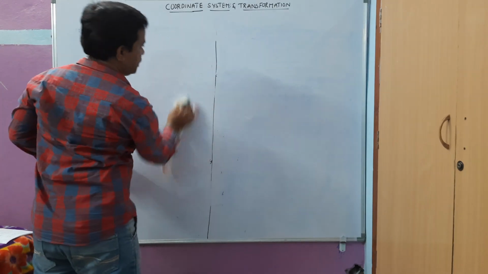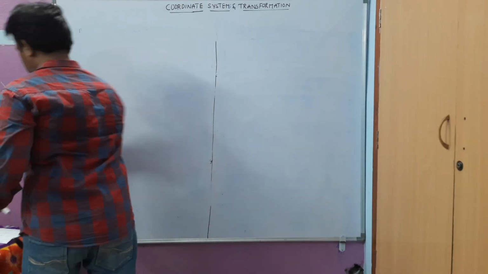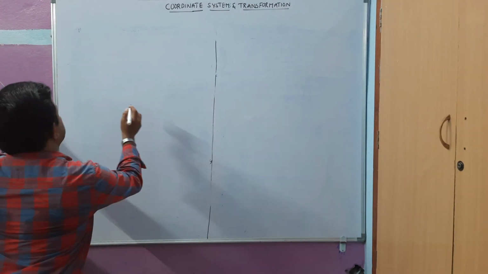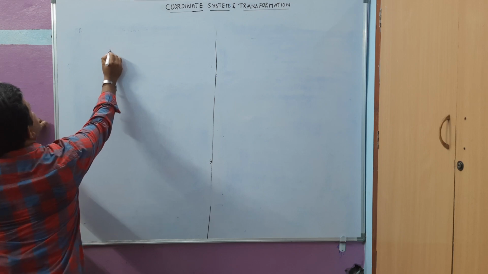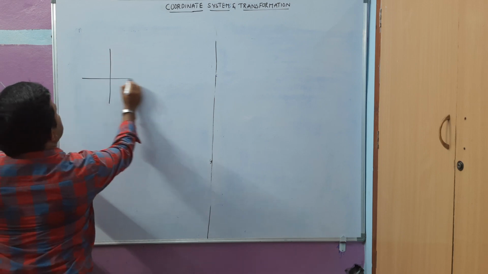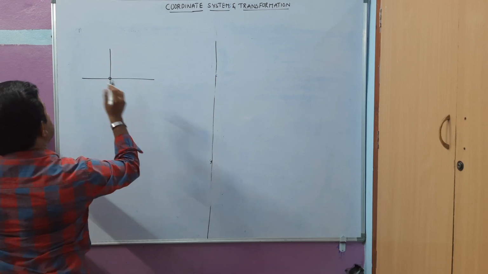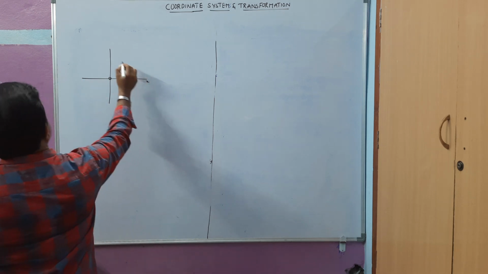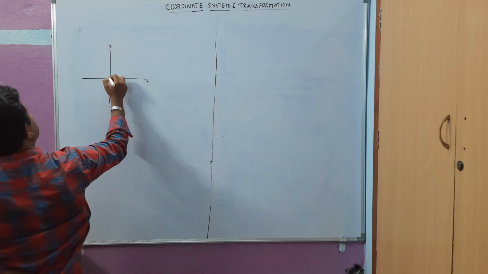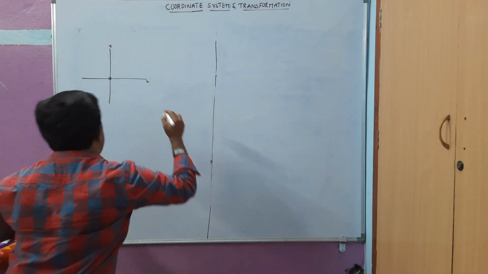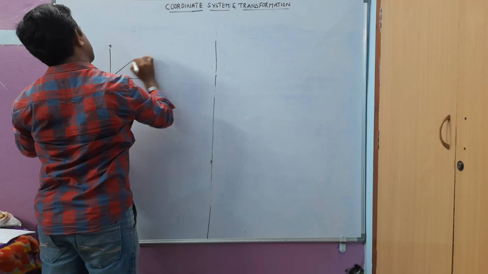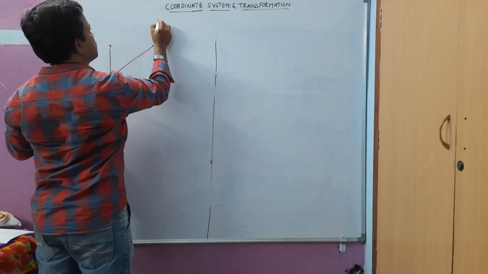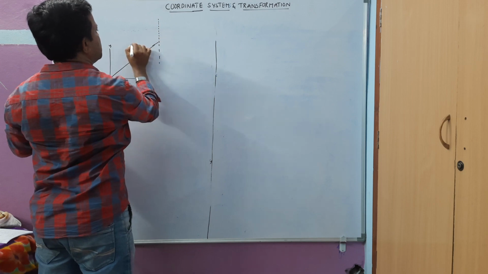It's very simple here also. So this is the x axis and this is the y axis, and the z axis is perpendicular to this one. Now I am transforming to the new components like this. I will draw with the dotted line here.